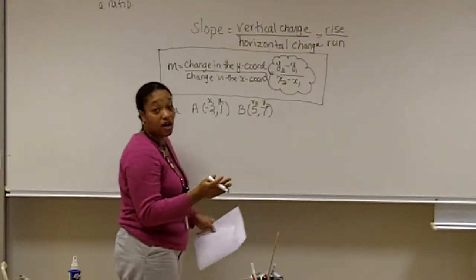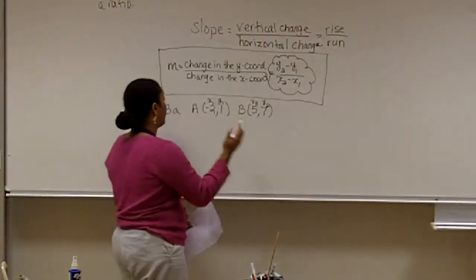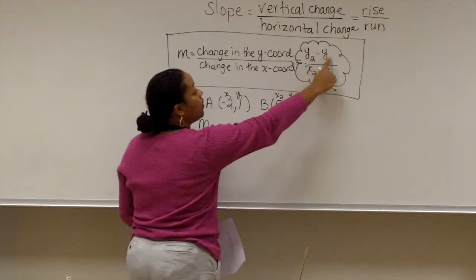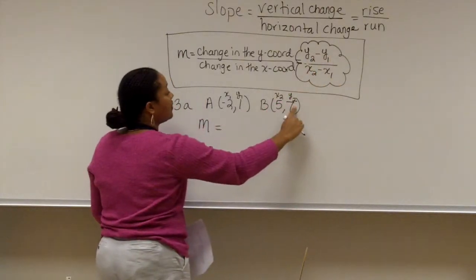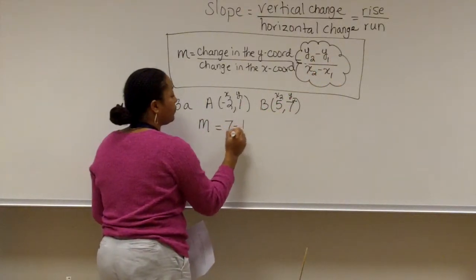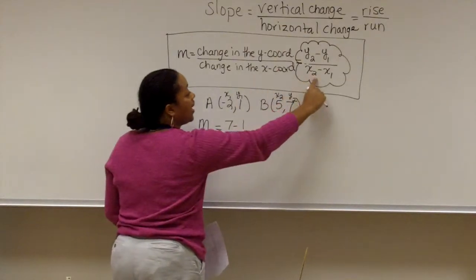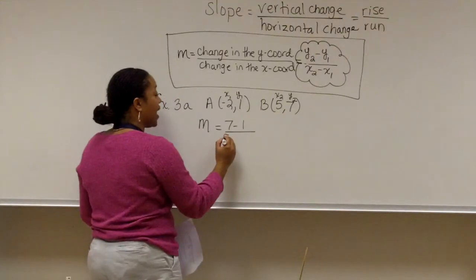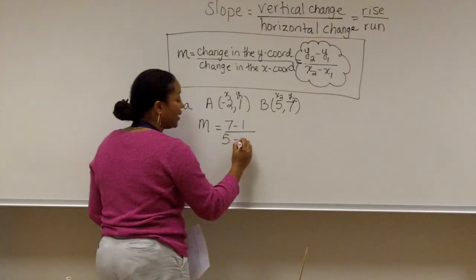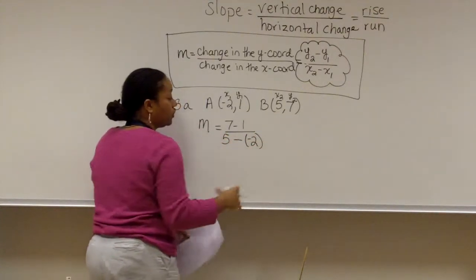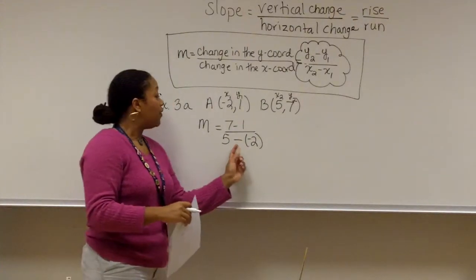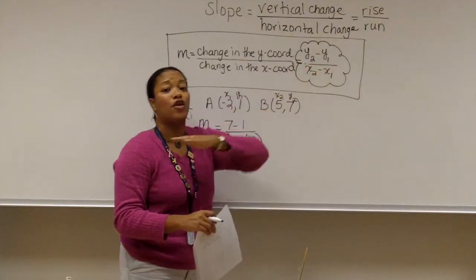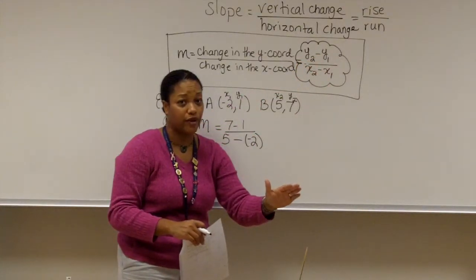And now, it's what I call a plug and chug. M is equal to y2 minus y1, so that's 7 minus 1, divided by x2 minus x1, so that's 5 minus -2. Do you see what we did right here? This minus sign is part of the formula, so that's going to be there no matter what type of numbers you have.